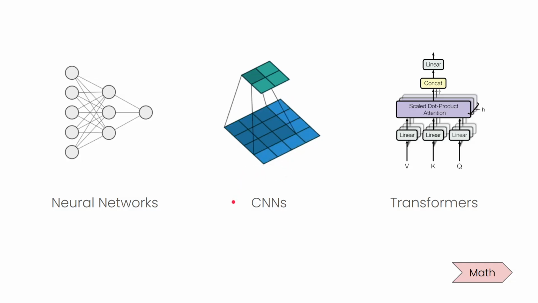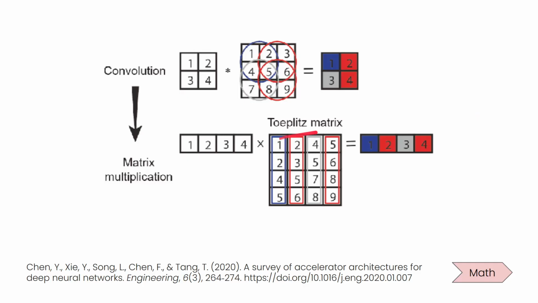So how can we use math to make this more like these things so that we can make one product that just does multiplication and addition, does those operations very well, and it can be used for all kinds of models? Well, we have a tool in math called a Toeplitz matrix.